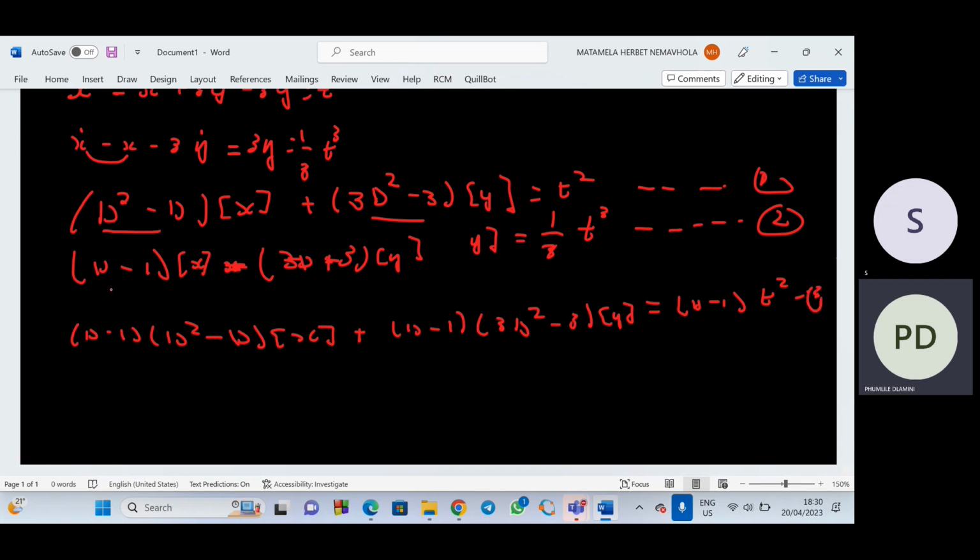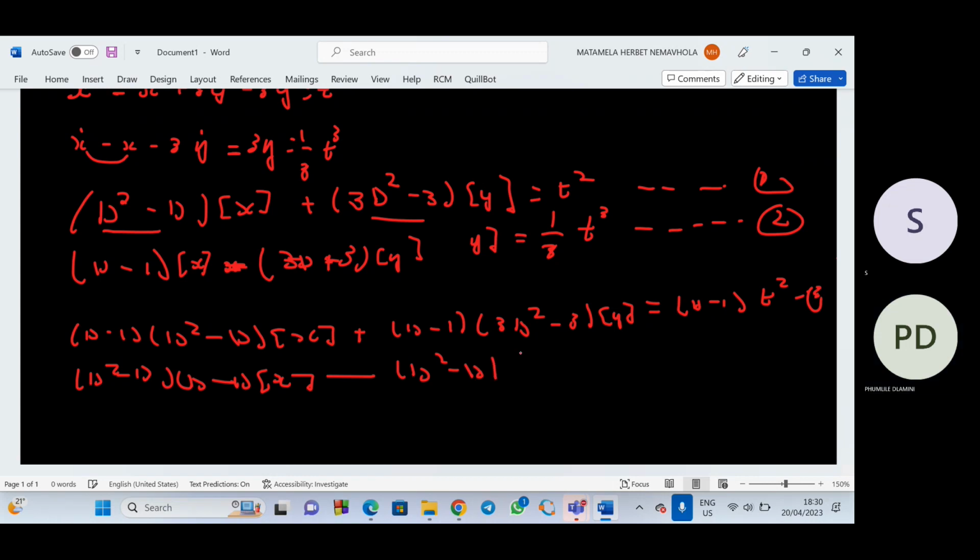Then you multiply this one with D squared: it is going to be (D squared minus D)(D minus 1), this is the side of x, minus, then D squared minus D in brackets, times 3D minus D. Is it plus?